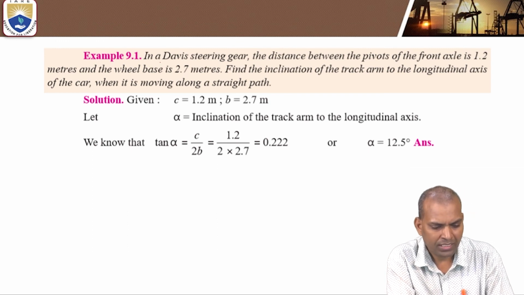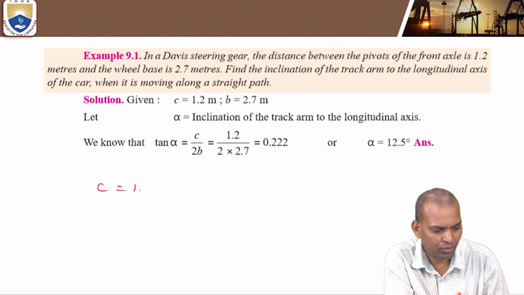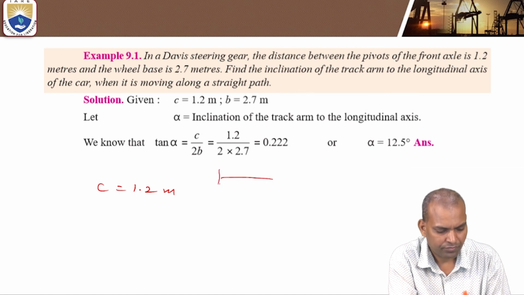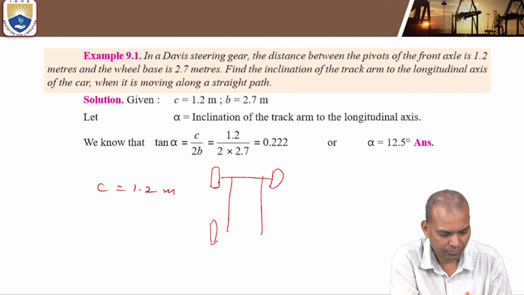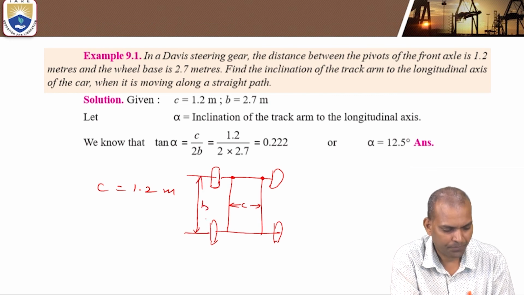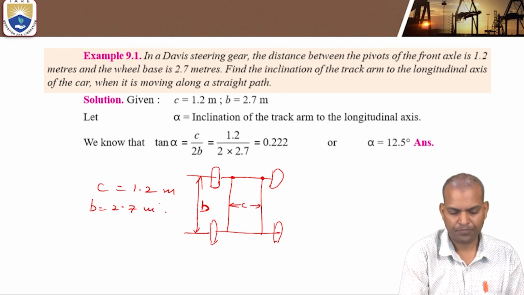So here in a Davis steering gear, the distance between the pivots of the front axle, that is C, equals 1.2 meters, and this is the wheelbase, that is B. They have given the wheelbase as 2.7 meters, B equal to 2.7 meters.